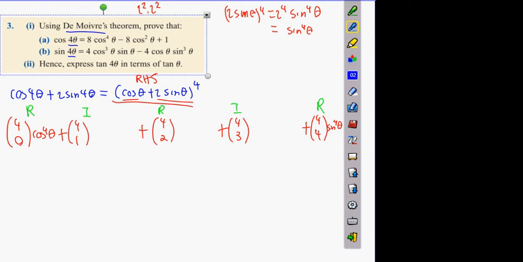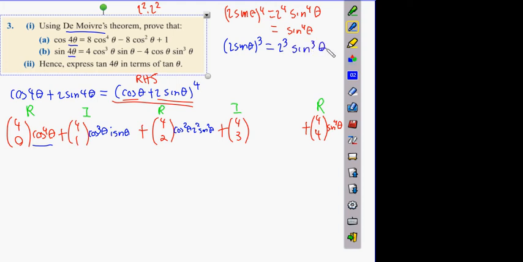Then I run a system where I take one power away from cos, and I add that power onto sine. So that's going to be cos³θ · i sin θ, and then it's going to be cos²θ · i² sin²θ. Next one, there's going to be an (i sin θ) cubed here, and that's going to be i³ sin³θ.